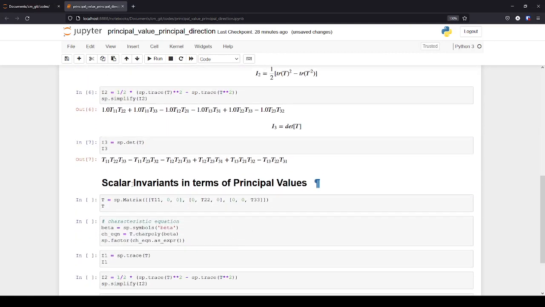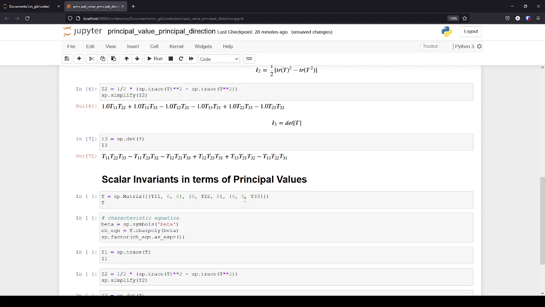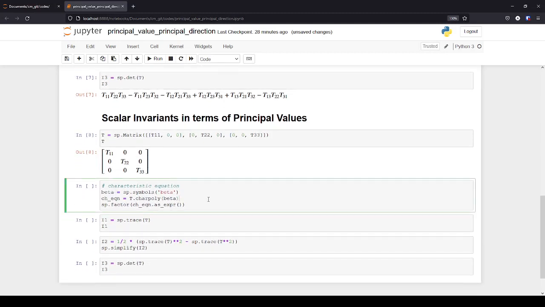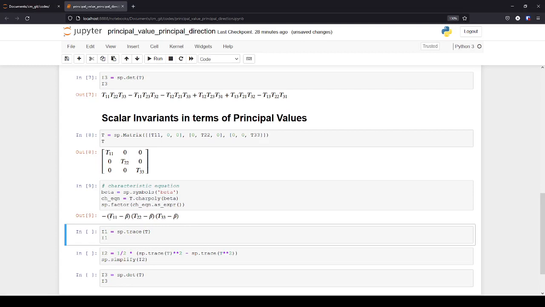That's it. Okay, so if we write the scalar invariants in terms of the principal values, let's say lambda 1, lambda 2, and lambda 3, we have, for example, something like this. So we only have the principal values, and the off-diagonals are 0. So if I write the characteristic equation, finally you should get T1, T2, and T3 because they are basically the principal values.